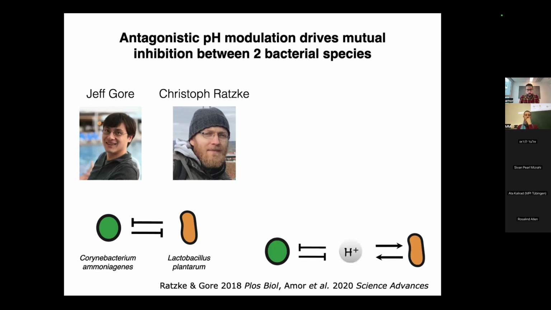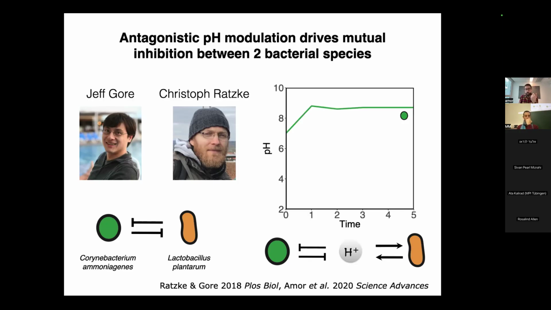And we knew that the mechanism driving this antagonistic interaction is actually how these microbes interact with the pH. So we have that the Corynebacterium has a metabolism that increases the pH.